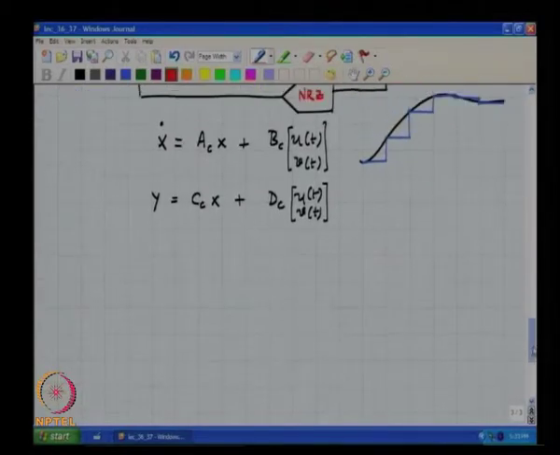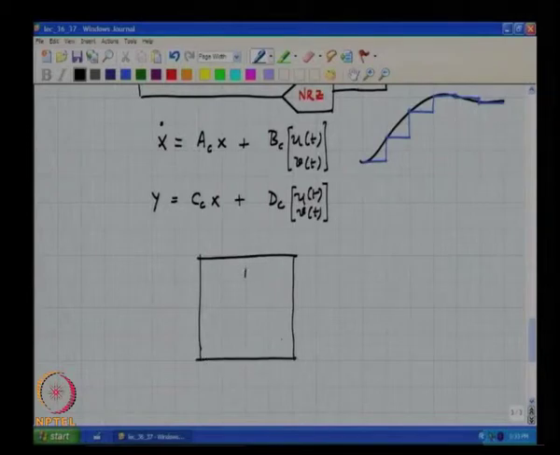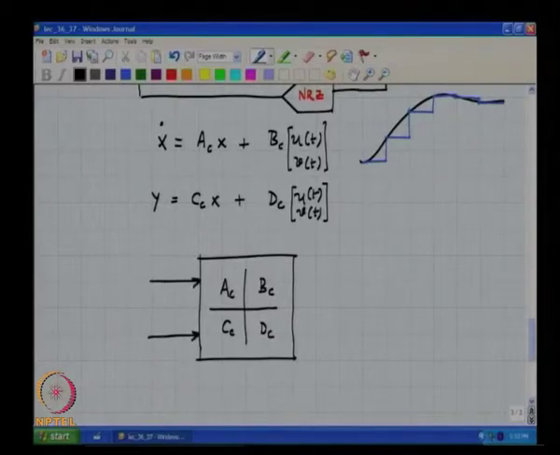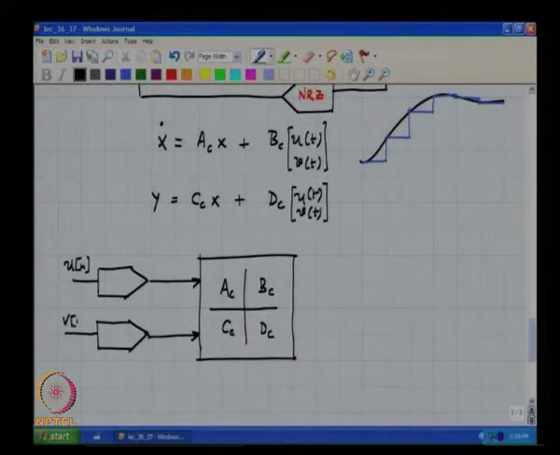we now have a linear system whose two inputs are basically u of n and v of n with NRZ pulse shapes, and this is y of t.